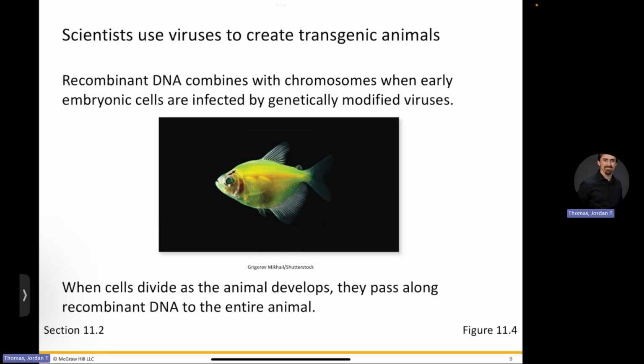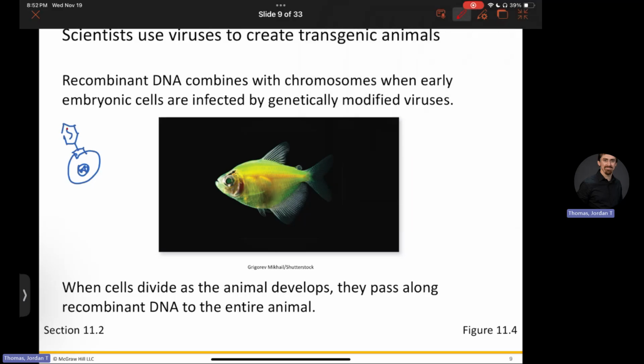Some scientists use viruses to create transgenic animals. Recombinant DNA combines with the chromosome when early embryonic cells are infected by genetically modified viruses. So say this is our cell here. That's the nucleus. We get this virus here. It has the DNA for the new gene.